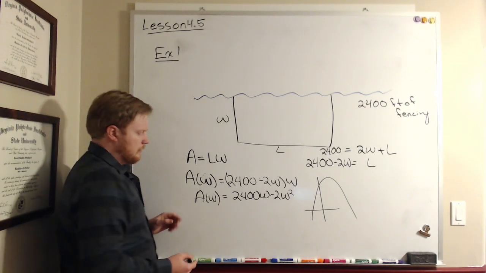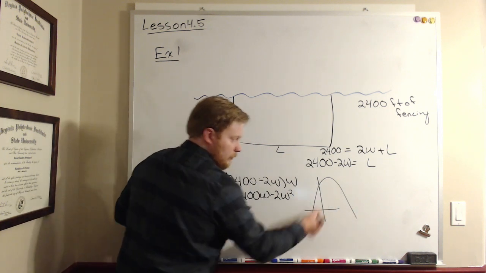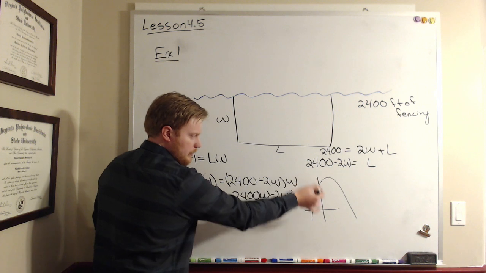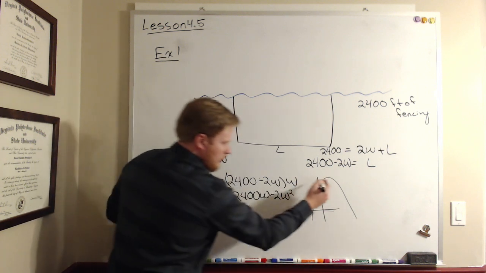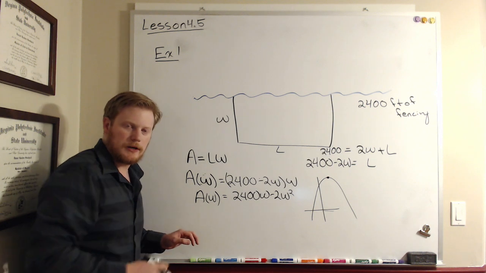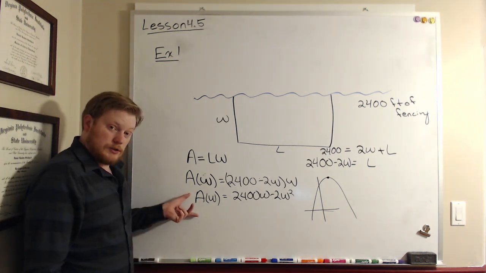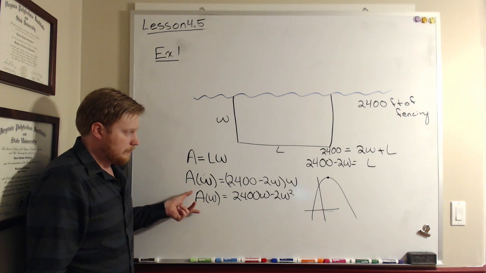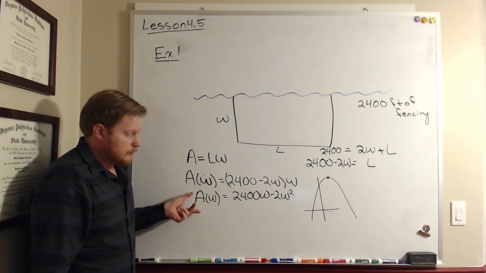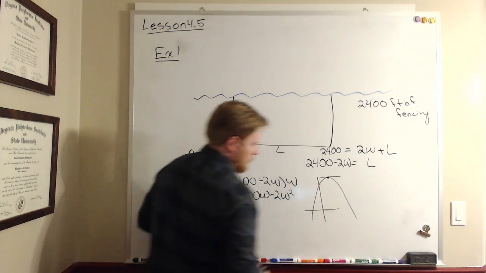Since this curve now represents various areas versus the width, I'm looking for the maximum area. I want that point. What's the maximum area that I can make? In order to do that, I'm going to use the fact that the first derivative, when it's equal to 0, gives me that maximum point.